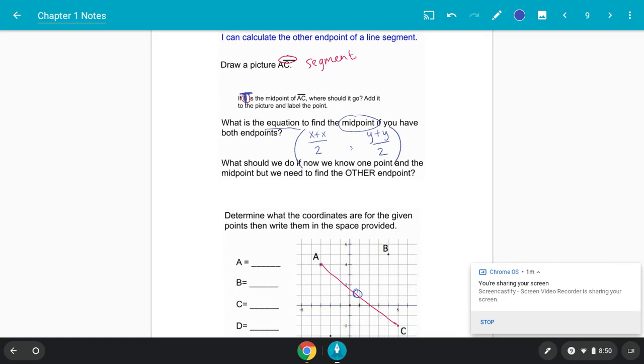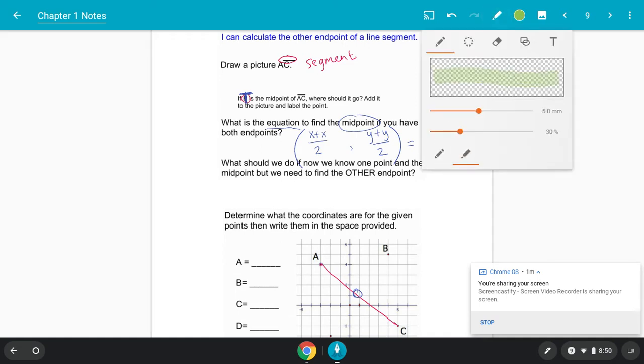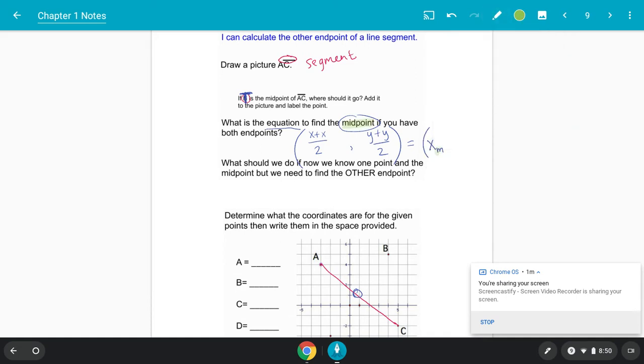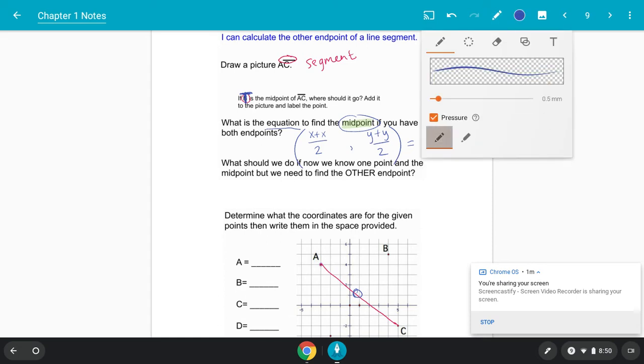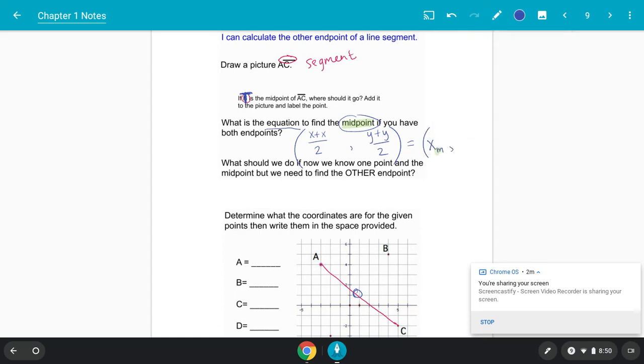And that's going to be your coordinate. This is going to give you your x. I'm going to use a subscript, an m for midpoint. So the reason I'm using an m is to tell us that that's the x for the midpoint. And then it'll tell us our y of the midpoint.